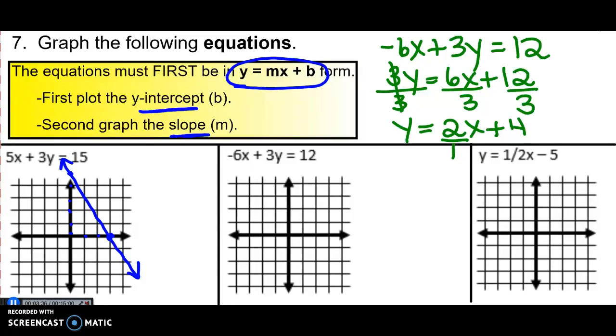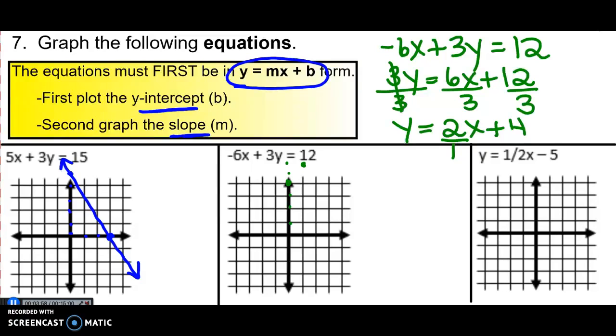Alright, step 1. Plot the y-intercept. So we go to 4 on the y-axis. 1, 2, 3, 4. There it is. And we need a positive slope of 2 over 1, which means we would have to rise 2. That's going off of our graph if we rise 2 and run 1.